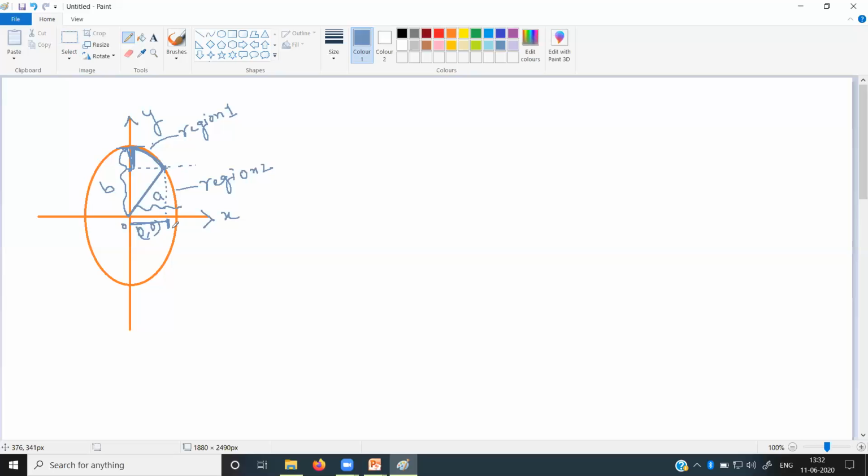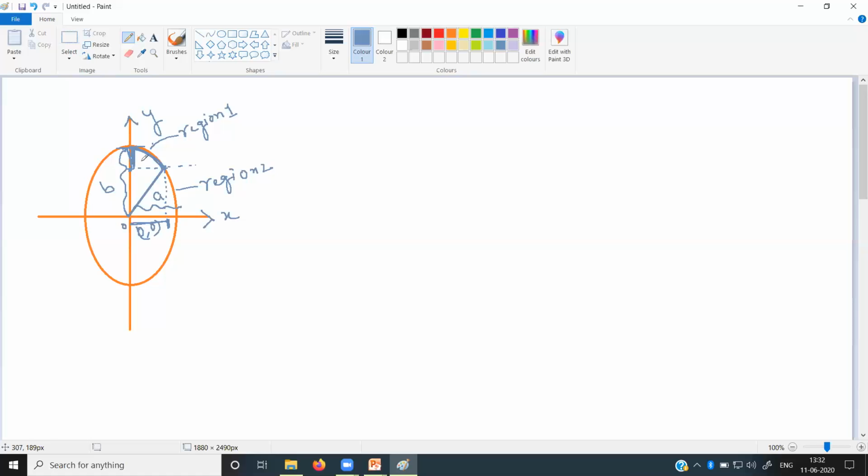So for region 2, y increases more. The rate of change of y is more compared to x, and for region 1, the rate of change of x is very large compared to y. So these two are very important features.